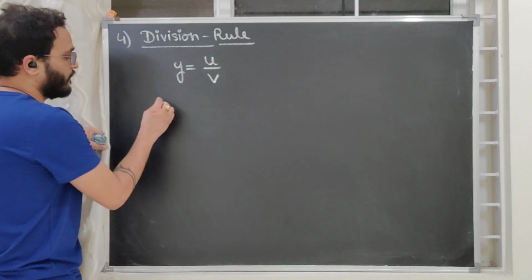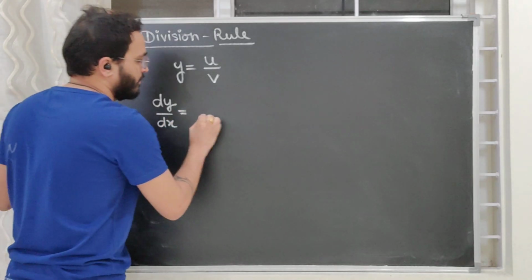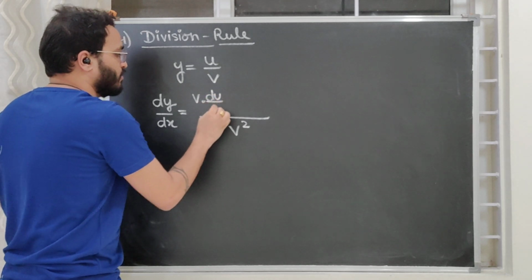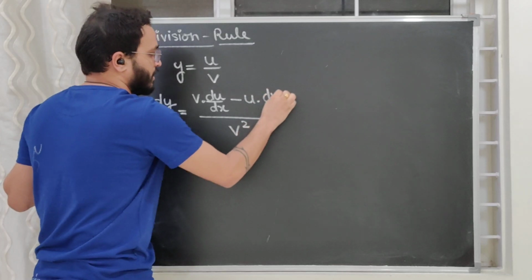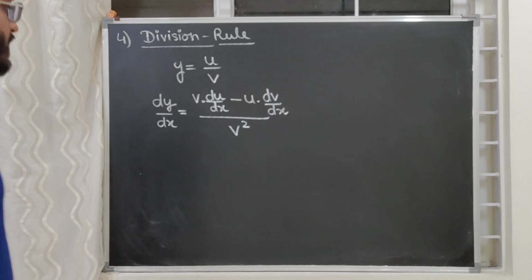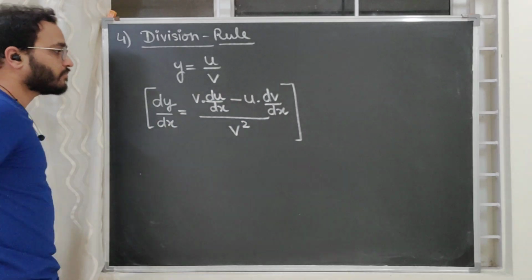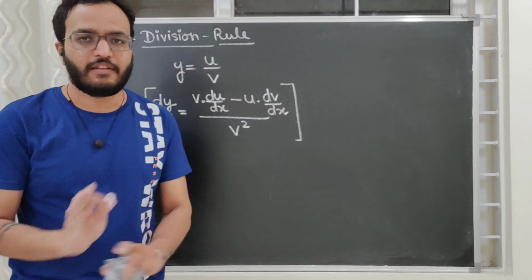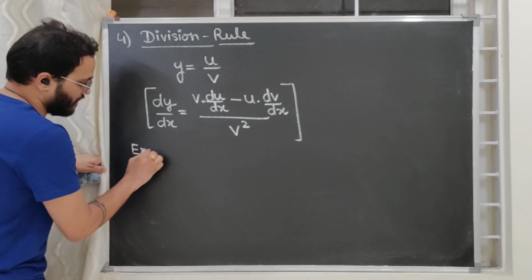If I write dy by dx, it will become v du by dx minus u dv by dx, all over v square. This you have to remember. This is a very crucial formula or rule for solving functions which are given in this manner. It is very easy, don't worry. We will just take an example and understand everything properly.